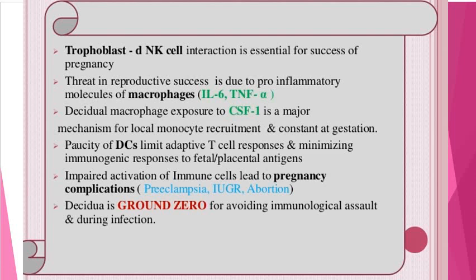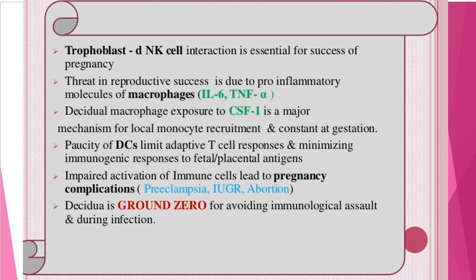The interaction between the trophoblast and the decidual natural killer cells is essential for the success of pregnancy. A threat to reproductive success comes from pro-inflammatory molecules of macrophages, which are interleukin 6 and TNF alpha, and decidual macrophage exposure to colony stimulating factor 1 is a major mechanism for local monocyte recruitment.